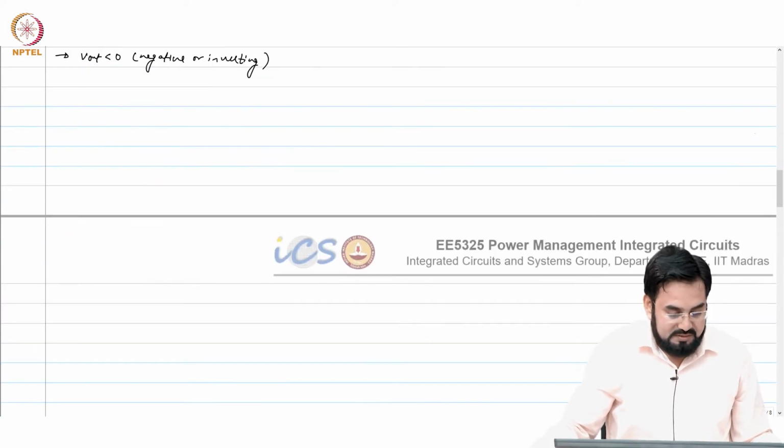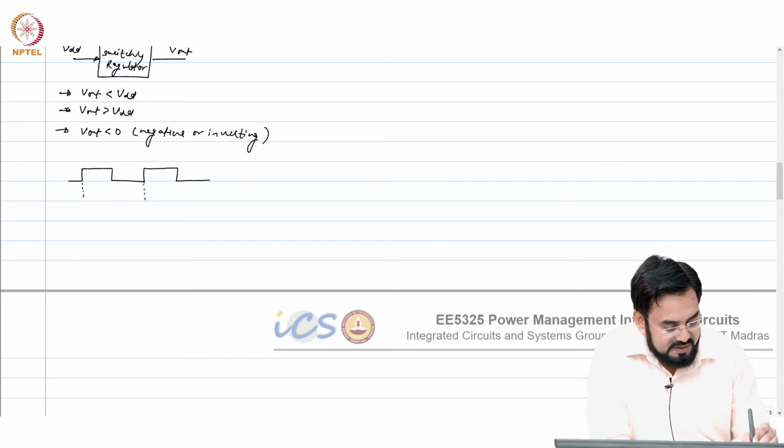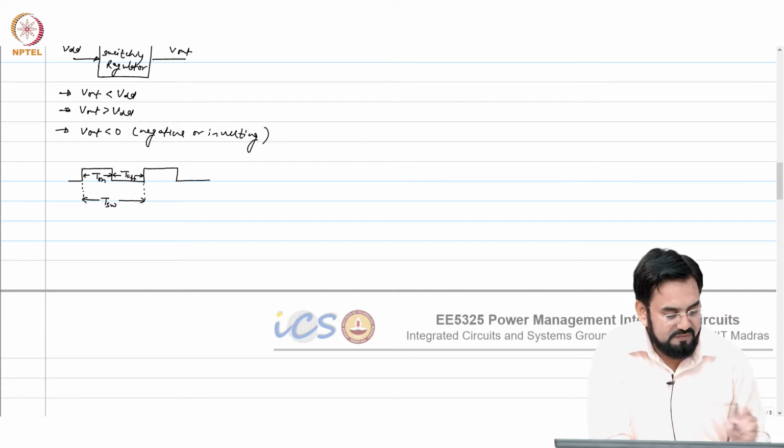So, how does it work? Let us say I have this PWM signal with a period of, let us say, TSW, and I call this T on and this is T off.